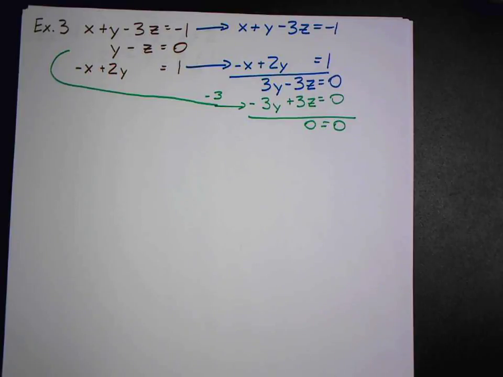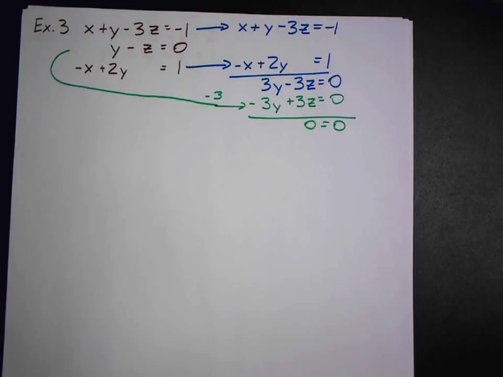Okay, we don't get to say infinitely many solutions. We have to come up with, it's sort of like an equation for the solution. So this is how we do this. First thing we're going to do is choose a variable and create a dummy variable.